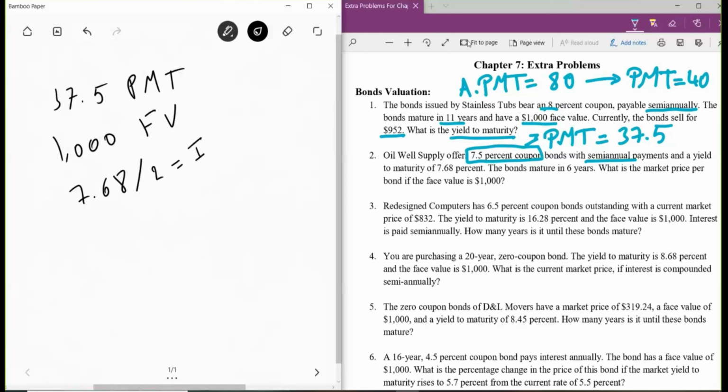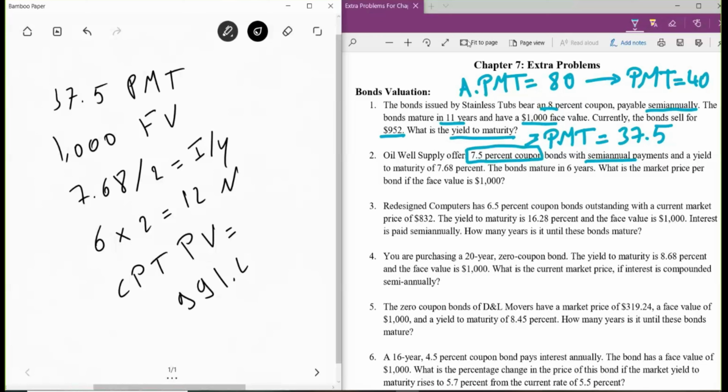So this is IY, 6 years till maturity. So the number of payments is 6 times 2. So N is 12. I compute PV, the price of the bond, 991.47. This is the price of the bond.